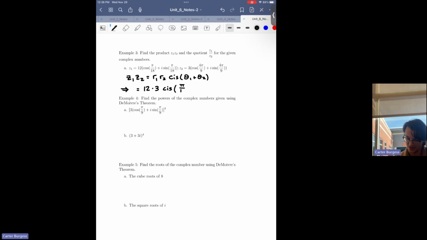Yeah, pi over 18 and 4 pi over 9. 4 pi over 9 is the same as 8 pi over 18, plus pi over 18. This is going to be 36 CIS of 9 pi over 18, or pi over 2.